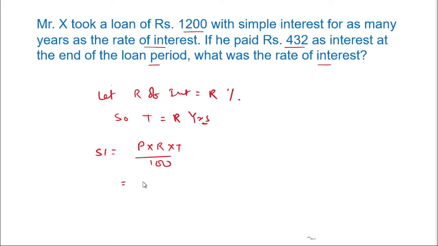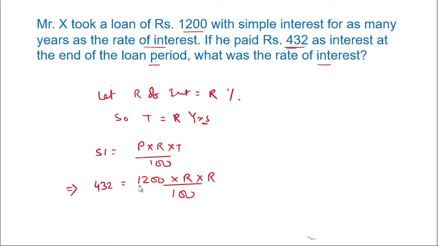The principal is 1200, the rate of interest we have assumed as r, and time also r, divided by 100, and here the value of interest is given as 432. We'll put 432 here.